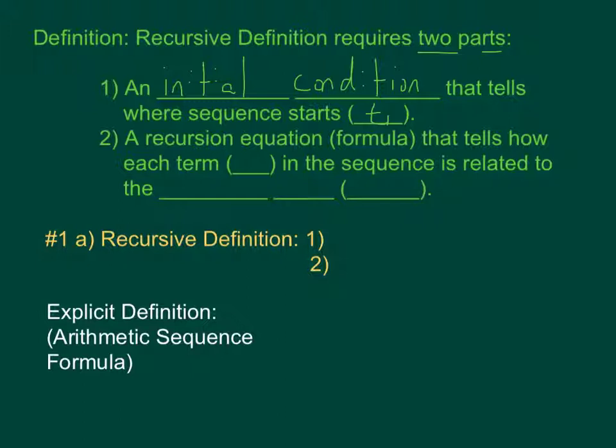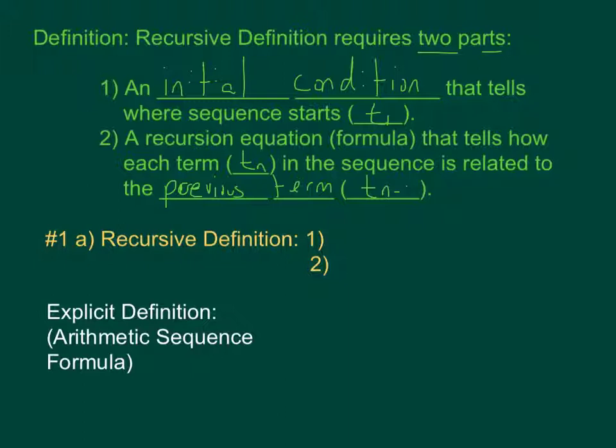And then it gives you an equation, a formula, that tells you how each term, Tn, is related to the previous term. P-R-E-V-I-O-U-S. Previous term. In this case, Tn minus 1. So, this is how it works.